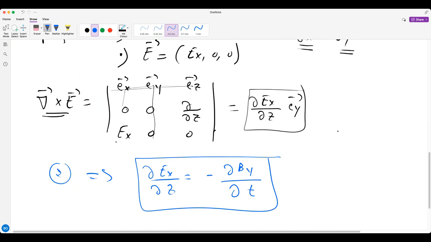Why? Because B is By ey, and this one is also along y, so I just get rid of y because it's one dimension, and then I get this equation 3. Okay, are you following?